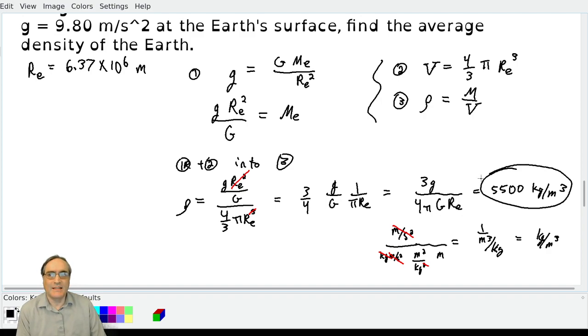To give you an idea, the density of water is 1,000 kilograms per meter cubed. We don't actually have that much water on Earth. Come right down to it. It's a fairly thin layer. The density of iron, which we believe is a large component of the core of the Earth, is around 7,800 kilograms per meter cubed.